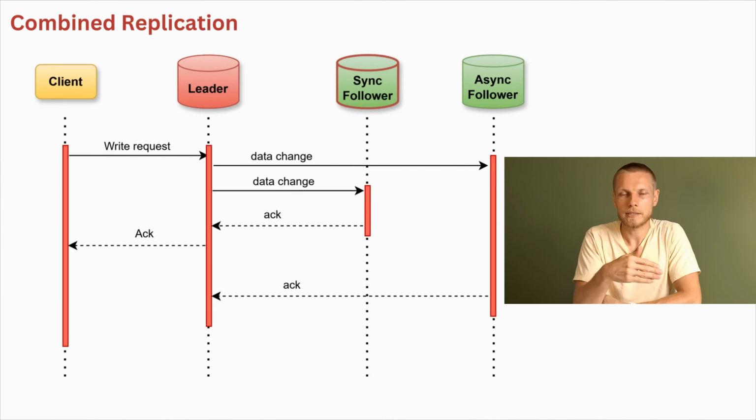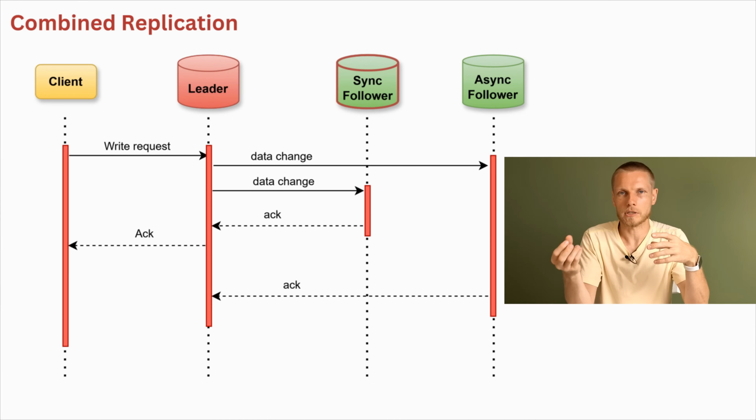In that way, the system becomes very flexible. By choosing the number of synchronous and asynchronous followers, we can balance those trade-offs of durability, consistency, availability, and performance.